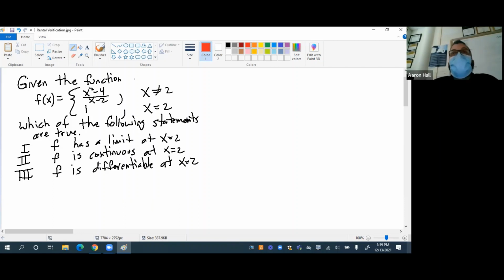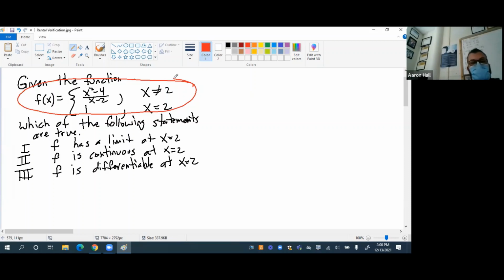Sasha, any guesses? Okay. So you're saying that maybe this function right here is differentiable when x equals 2.